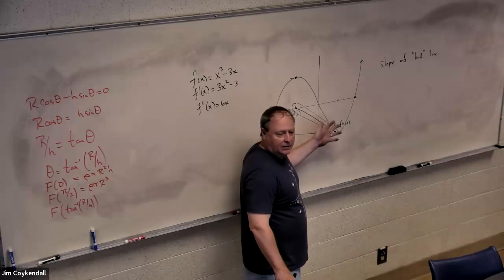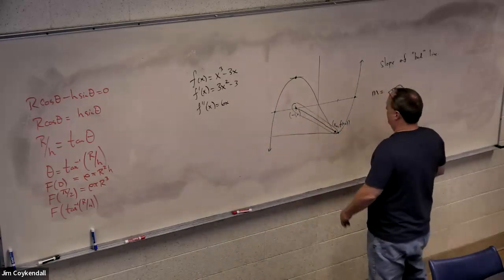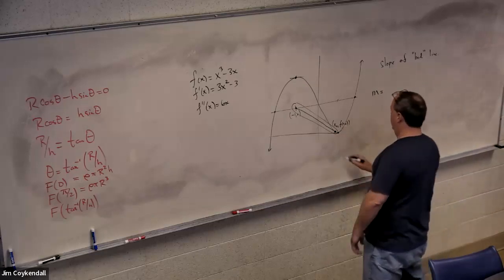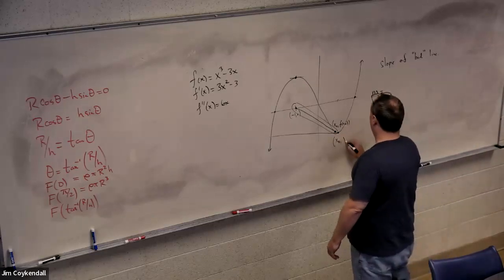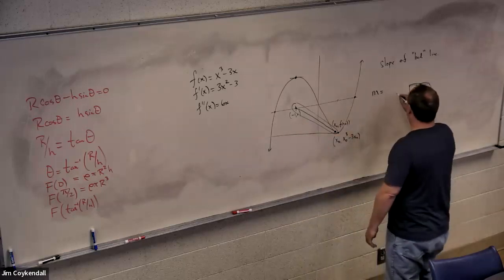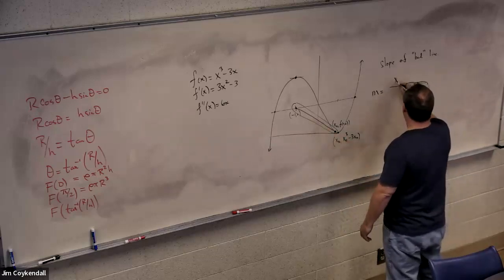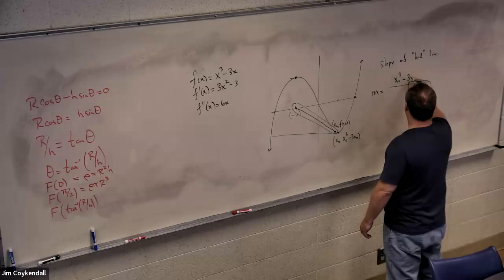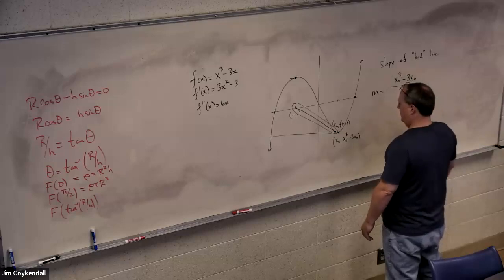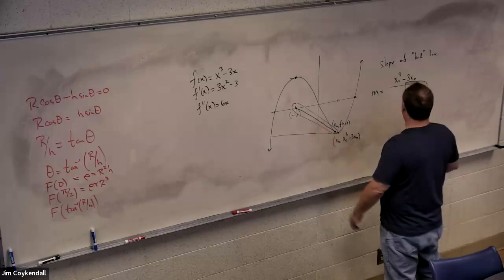Rise over run, right? Let's do that. This is the point x0 cubed minus 3x0, and this is the point -1, 0. So the slope is this minus 0 over x0 plus 1.